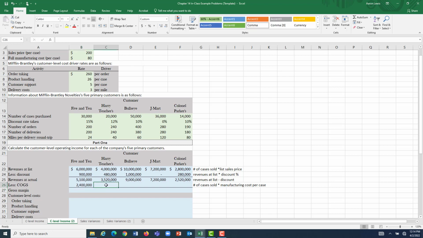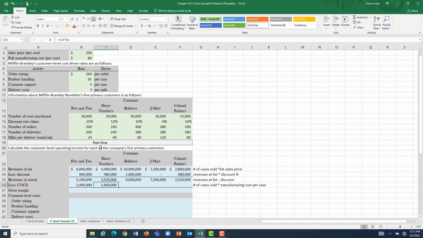For Harry Teachers, we sold them 20,000 cases. Each one cost us $80 to produce, which means the total cost of manufacturing goods which we sold to Harry Teachers is going to be $1.6 million.